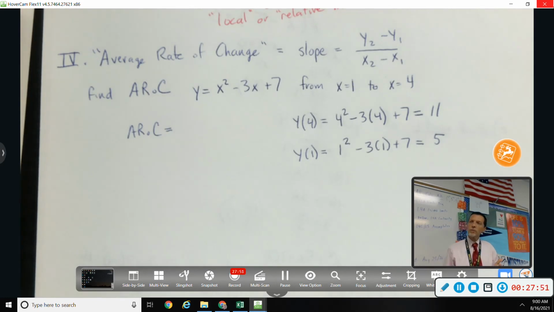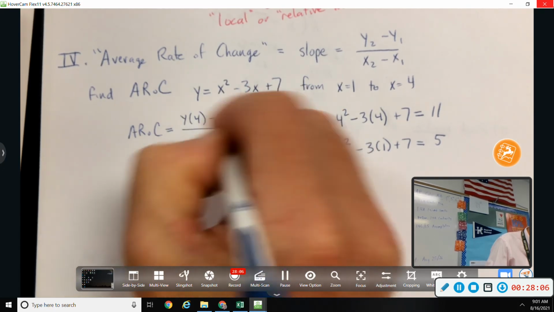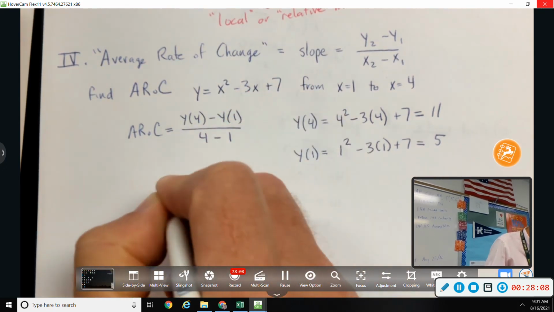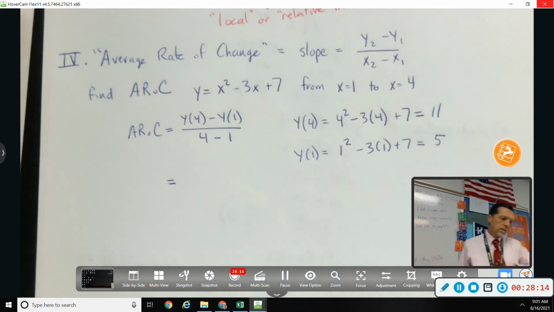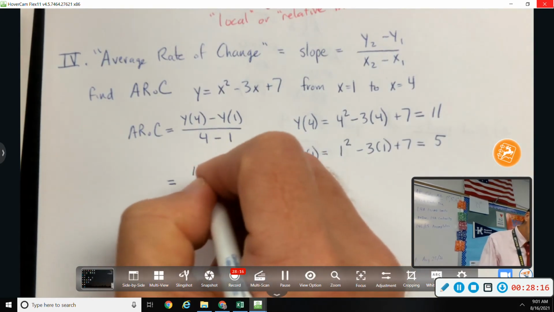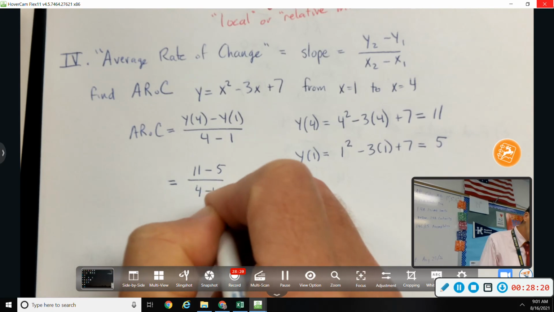And you might remember from slope, the order you put them in doesn't matter as long as it's the same top and bottom. So you can do y4 minus y1 or y1 minus y4 as long as you do the same thing on the top and the bottom. So 11 minus 5 over 4 minus 1.